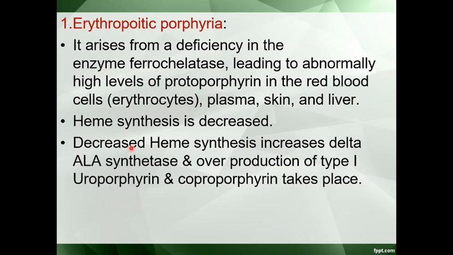The cell thinks that delta aminolevulinic acid synthase is deficient, so synthesis of the enzyme is increased, delta aminolevulinic acid is increased, and overproduction of type 1 uroporphyrin and coproporphyrin takes place.